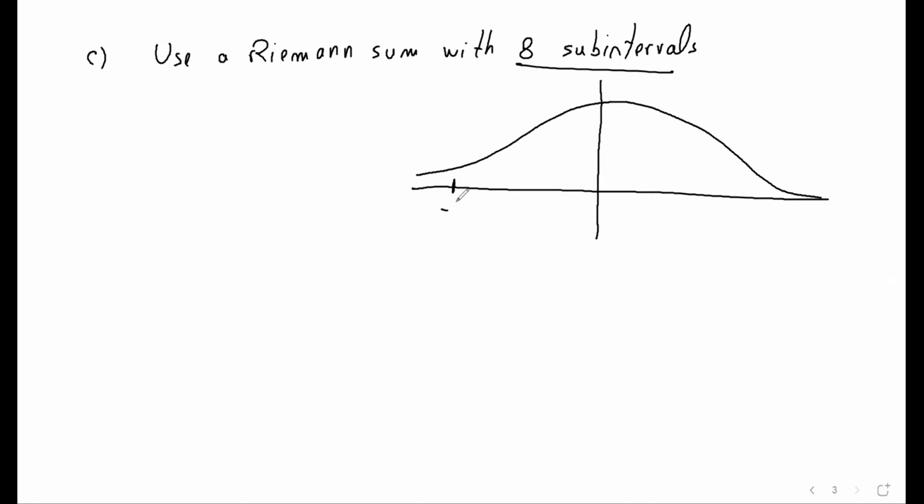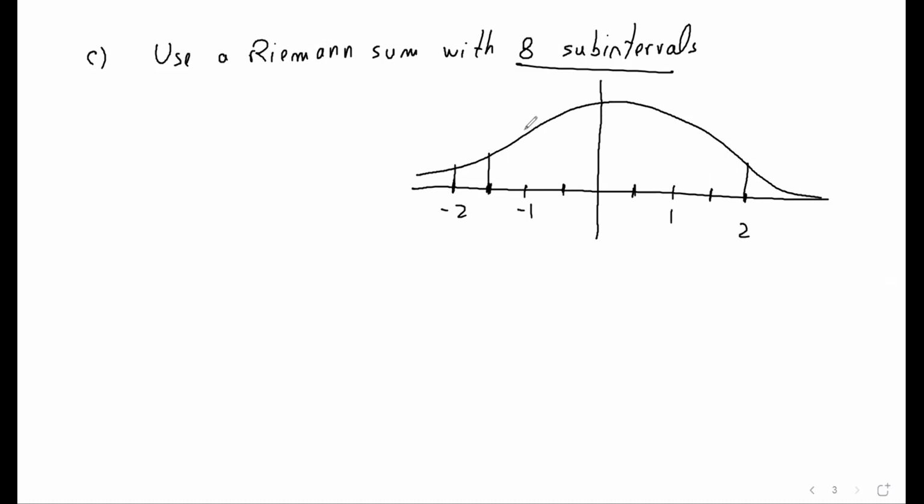Let's say -2 is over here and 2 will be over here. It's got to be symmetric, but I apologize, my picture is not perfect here, folks. -1 and 1 will give us only 4 rectangles. Again, we want to focus between -2 and 2. That's only 4. So to get 8, we're going to subdivide each of these in 2 equal parts. That's going to give us 8 rectangles.